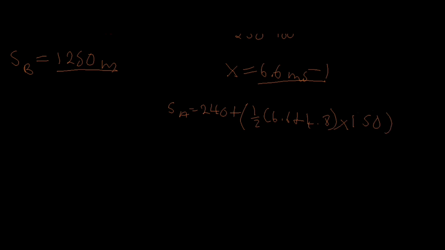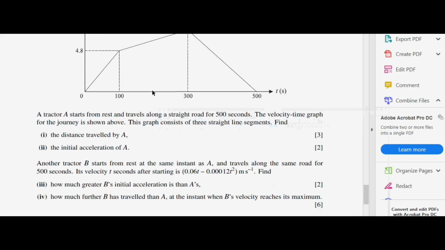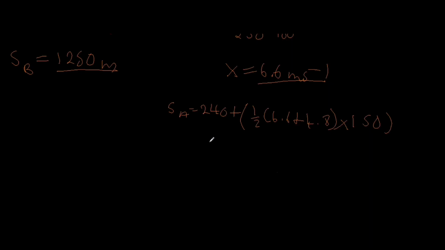Why am I saying 150? Because if this is equal to 250, then 250 minus 100 gives me 150. In other words, going from here to 250 is 150, because my trapezium is going to look like that. And that is going to give me 1095 meters.